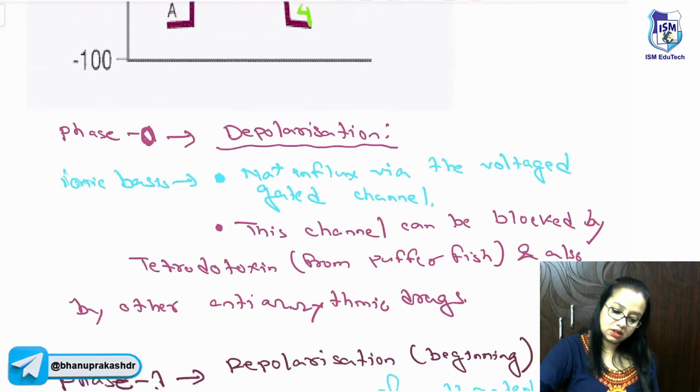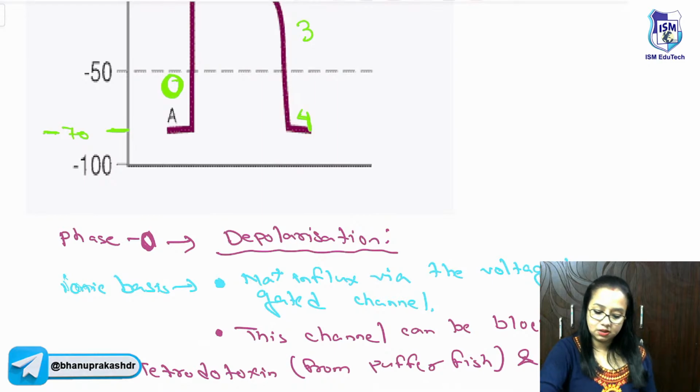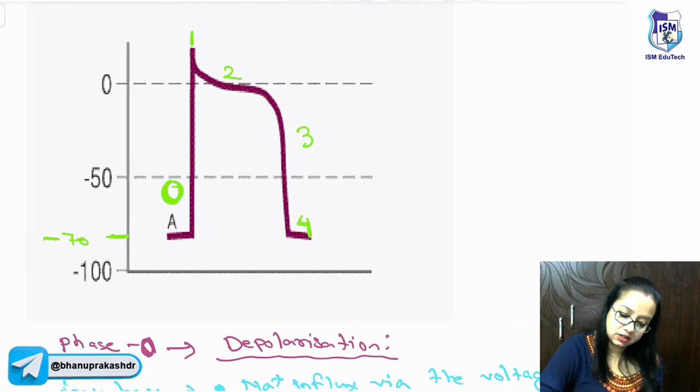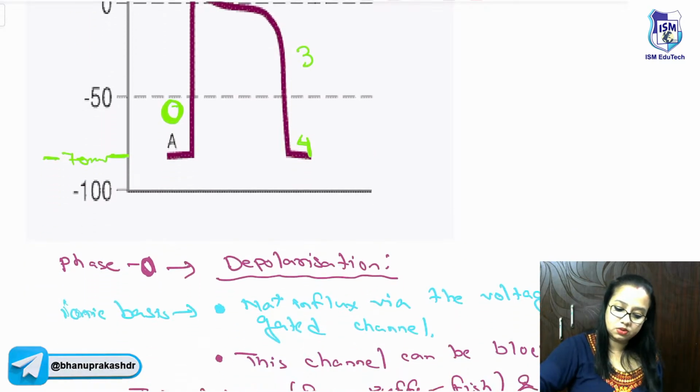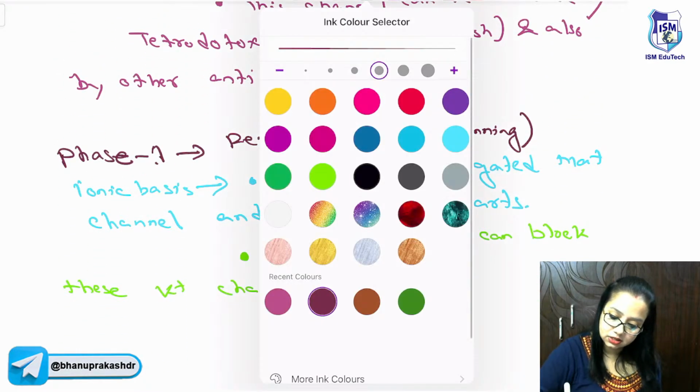So actually, the resting membrane potential, as you can see here, is about minus 70, right? Sometimes it is a little bit higher or lower also. It reaches a maximum of plus 30 to 35 mV, and then at the notch, the repolarization starts. The third phase is phase 2.